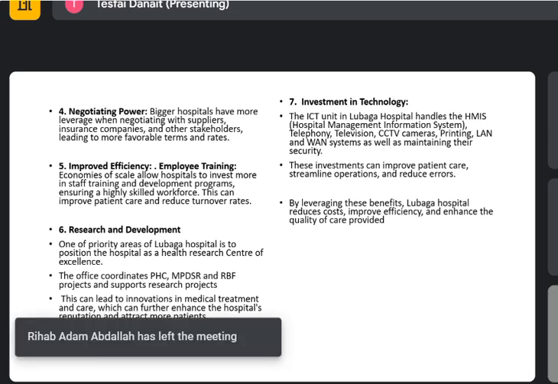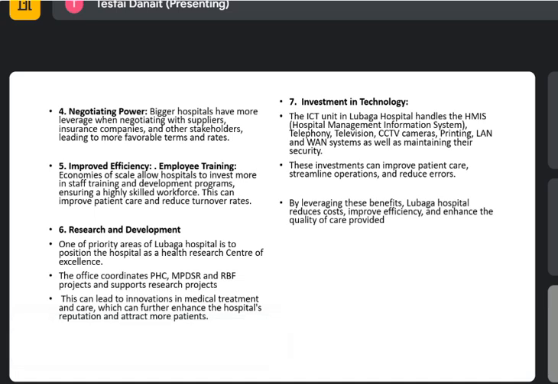Reputation, especially in healthcare, is very important, and research is also very important. So through research and development, it can establish its reputation not only in Uganda but even worldwide, internationally. That way, it can attract more customers.